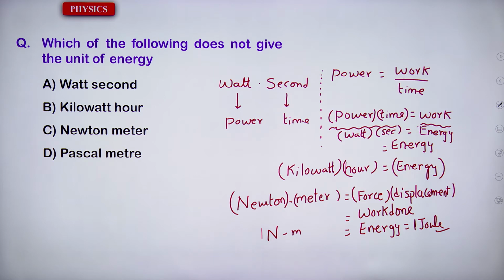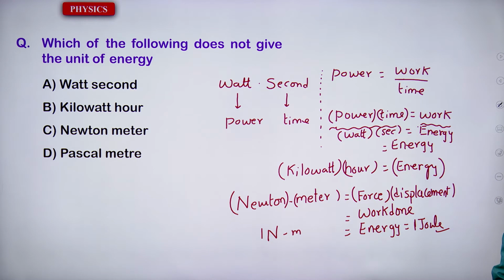For a small duration of time we go for watt second, and in domestic use we use kilowatt hour. For Newton meter, if you take a 1 kg mass, it is displaced 1 meter by an external force. So, all of them represent energy, it is very clear.